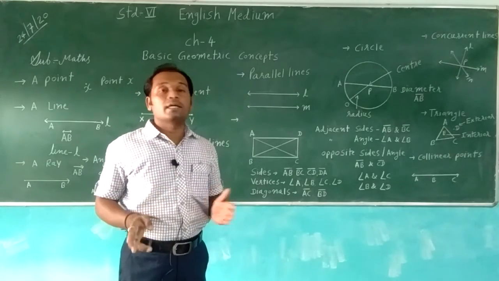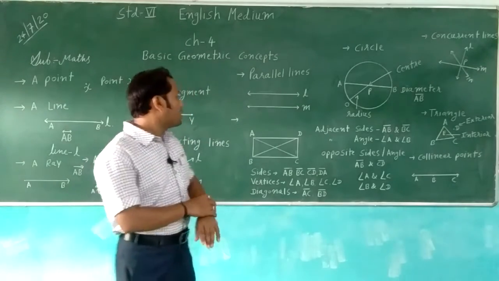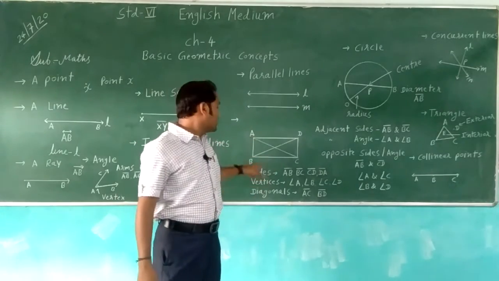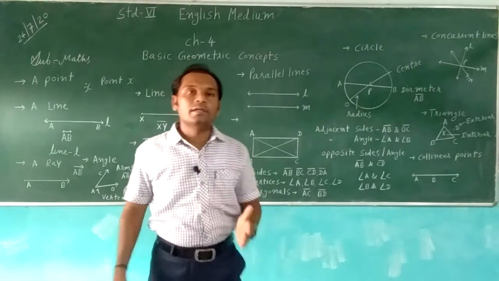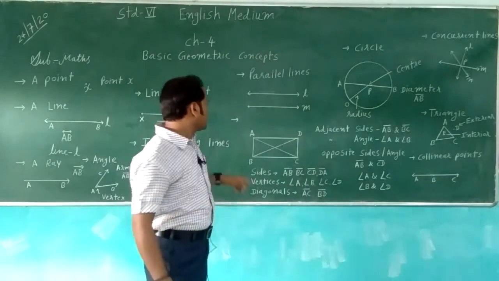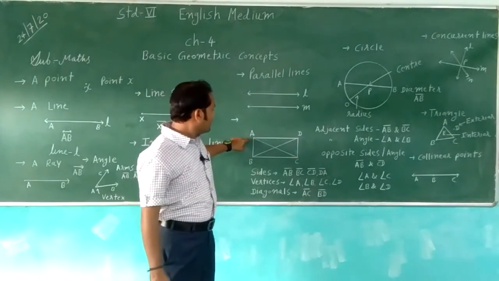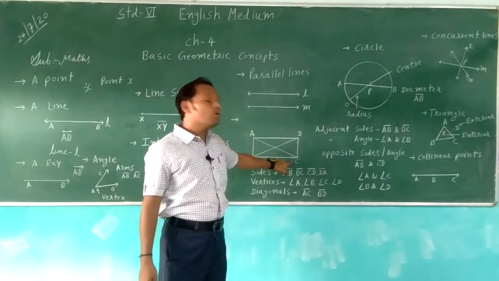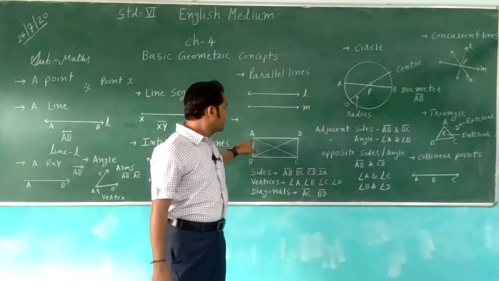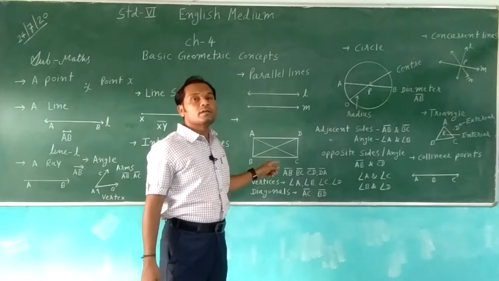Now one new word is there, diagonals. Diagonals means joining opposite angles. The line which joins opposite angles is called a diagonal. So here angle A and angle C are opposite angles. The line joining AC is called a diagonal.